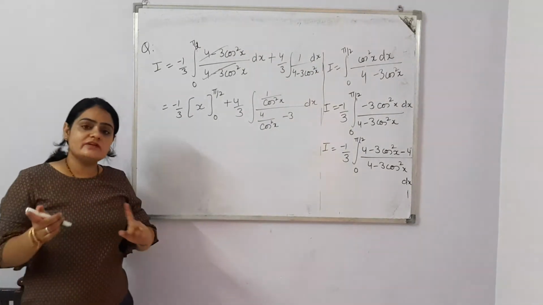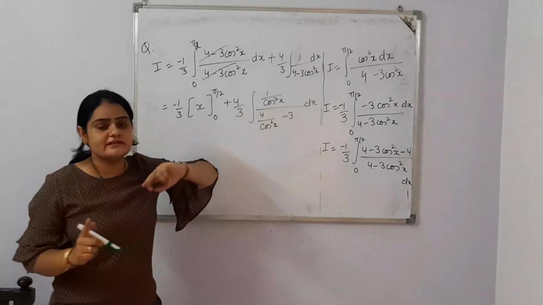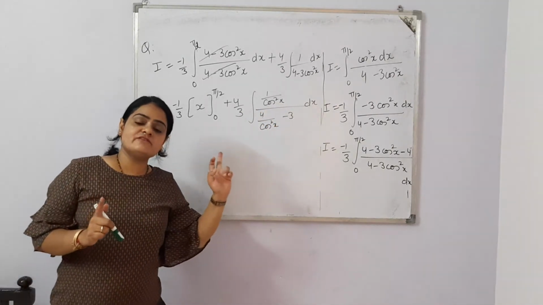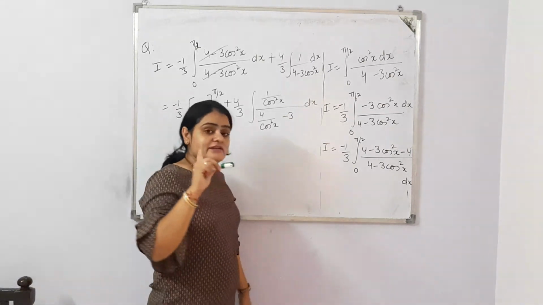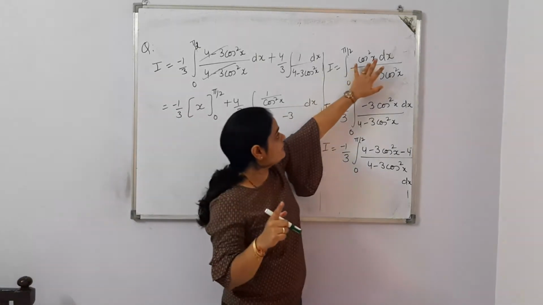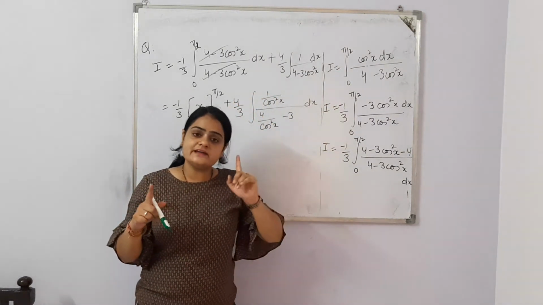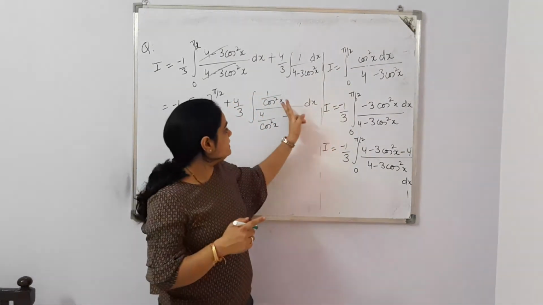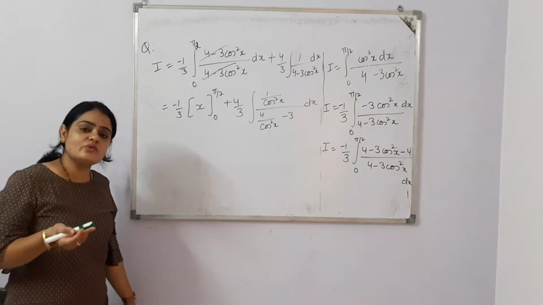So there is a difference. Now when we divide with cos square, I get secant square, and secant square is the derivative of which function? Of course tan. So when I divide here with cos square, I get 1, and here I am getting secant square. Of course secant square is the derivative of tan x, and the substitution is quite easy.